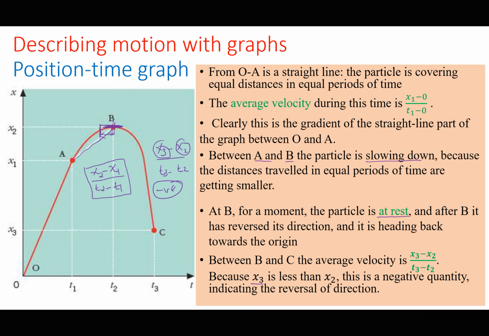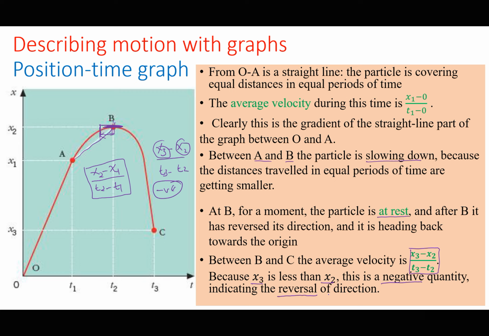But because x3 is smaller than x2, this value is going to be negative. And the negative quantity in this case represents a reversal of direction. So whenever we move in the opposite direction to the one we were moving in before, the velocity should be represented with a negative value.